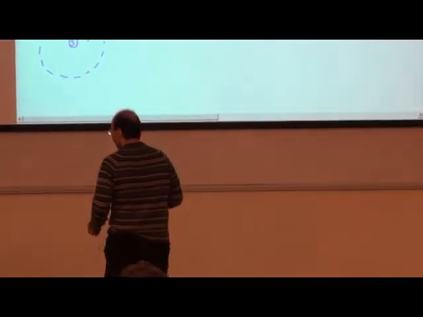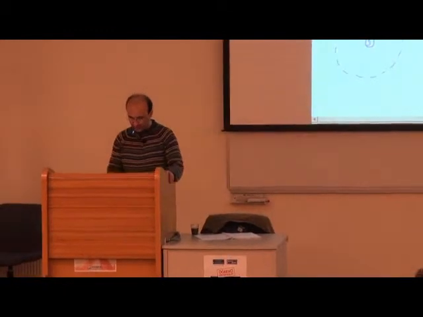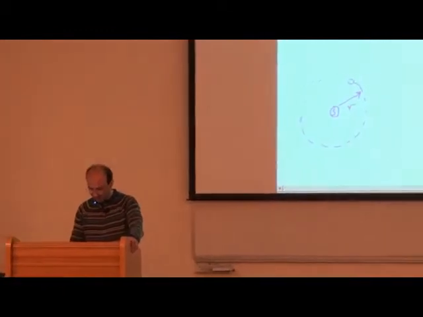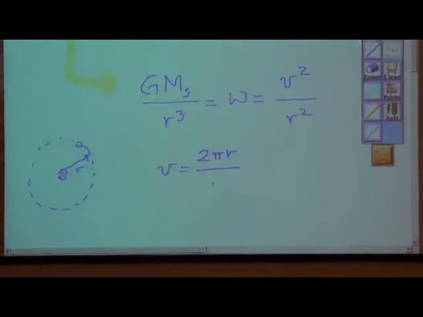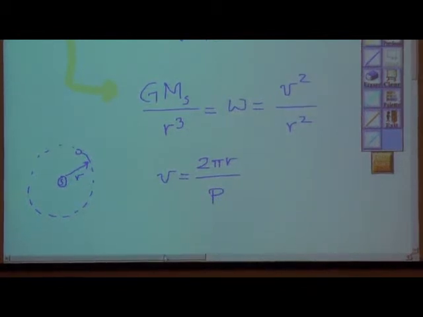So, we actually know this constant speed now. Because if the radius of this circle is r, then v has to be the distance, that is 2 pi r, divided by P, the period, 1 year. If you have to know the number, you can just convert it into seconds because it's in SI units.